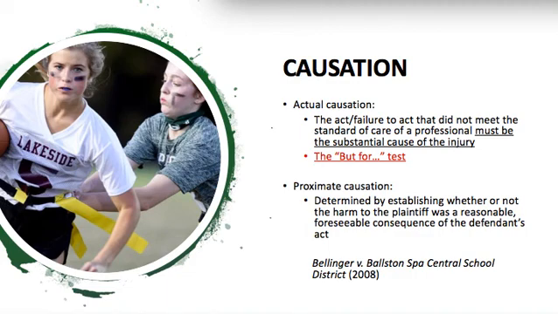And your textbook uses this phrase, and I think it's helpful for remembering this one, the but-for test. So basically, the particular harm in question in a negligence claim would not have been suffered but for the defendant's negligent act, meaning that the plaintiff has to be able to prove that the actual breach of duty by the defendant was in fact a substantial cause of their injuries, meaning that there couldn't be other factors that played a big role in causing those injuries, but that the defendant's failure to act or their breach of duty was the substantial cause of the injury.